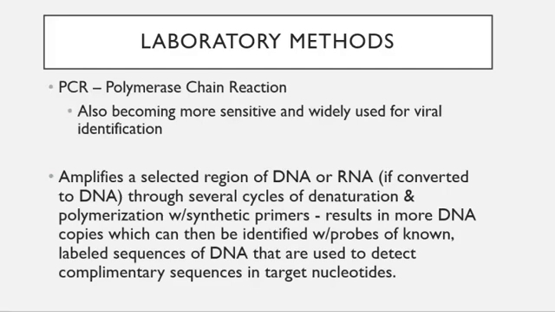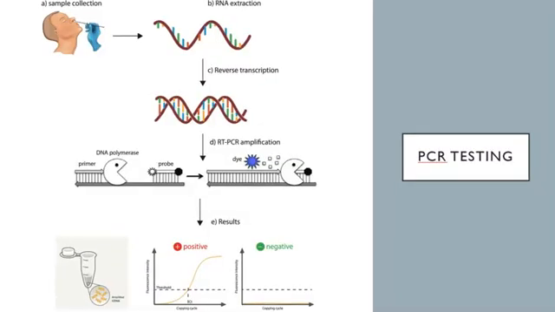So you're basically making lots and lots of copies so you can identify what is there genetically. Make sure to take time to watch the link for the PCR video that is posted in Moodle so you can see exactly how PCR works.